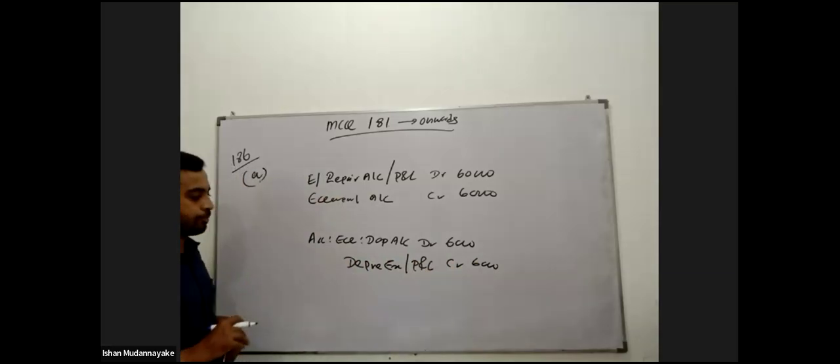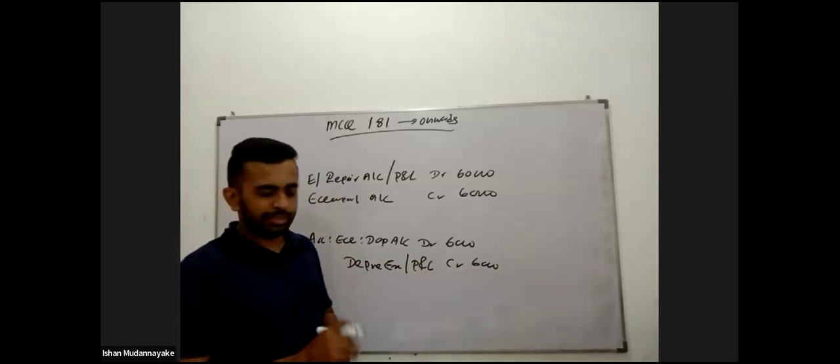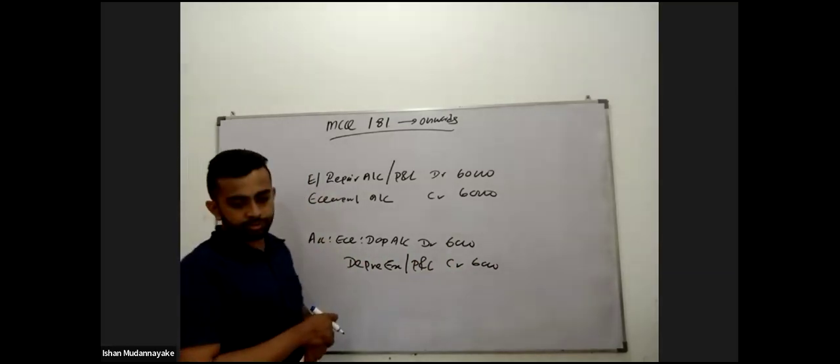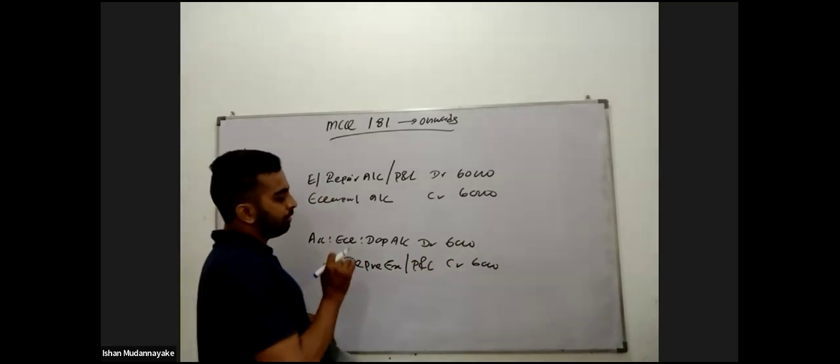They have provided 6,000 depreciation on that. If you record it separately, this is the correction entry. Okay, this answer is acceptable. But you can write this like this also.